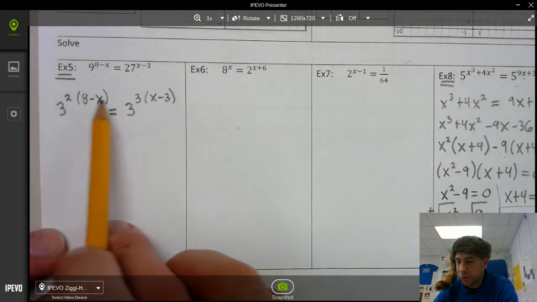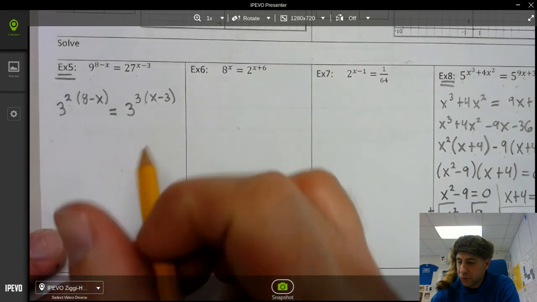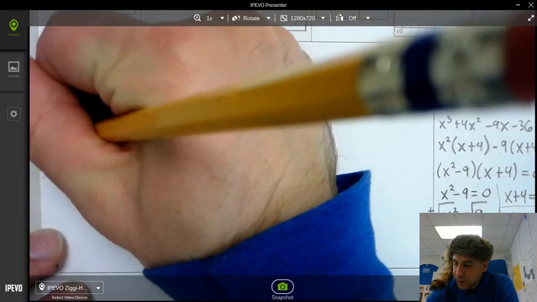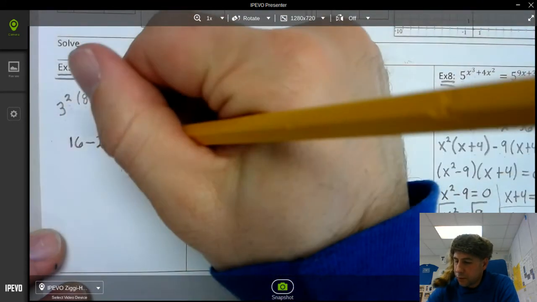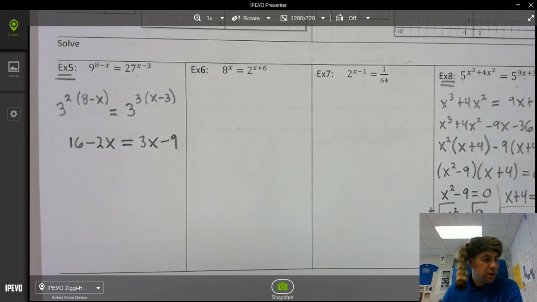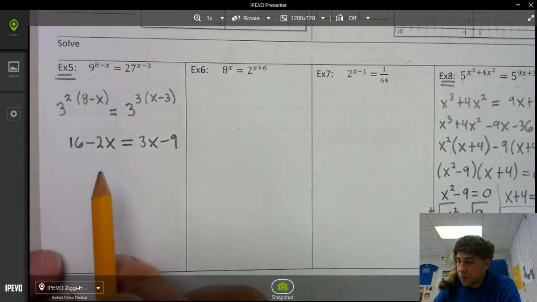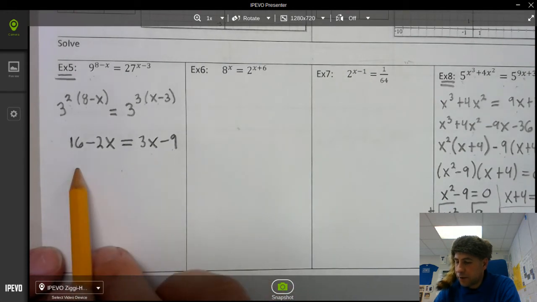And I'm actually going to multiply and equal at the same time. So I'm going to distribute the 2 and 3 and then set equal to each other. So 2 times 8 minus x is 16 minus 2x equals 3x minus 9. Now, looking at our pathways, we can see that it's linear. So step 4 will be for the variables on one side and the numbers on the other side. So I'm going to add 2x to both sides, and then I'm going to add 9 to both sides.